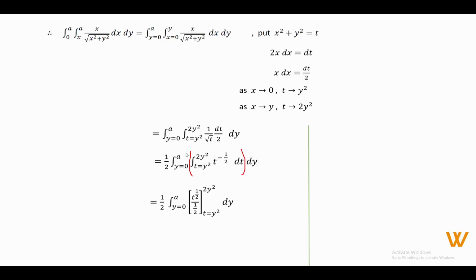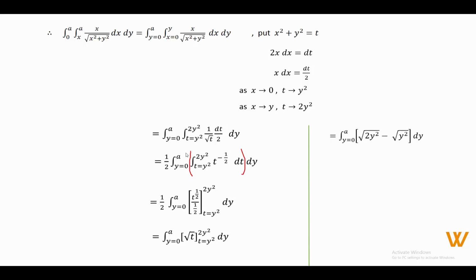Then this 1/2 and 1/2 cancel. Integration y varies from 0 to a, t raised to 1/2 means square root t, and t varies from y square to 2y square dy. Now first put the value of t as upper limit 2y square, then minus, put the value of t as lower limit y square.